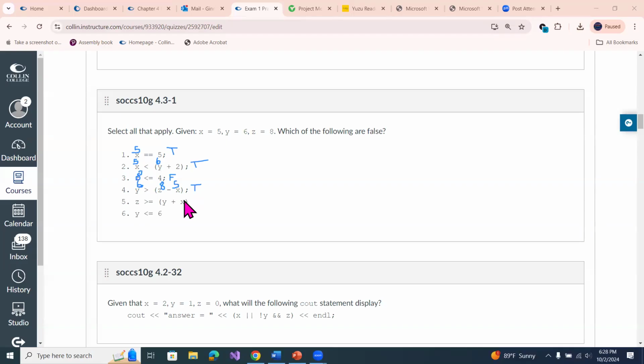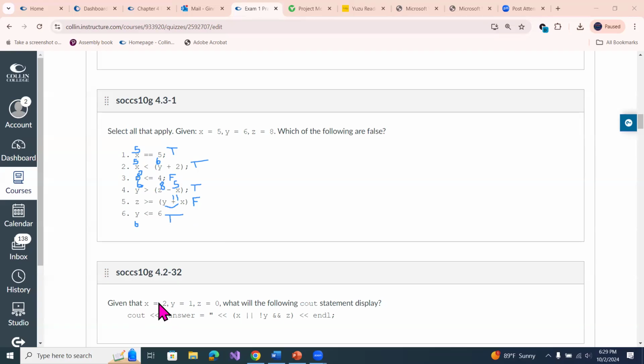X is 5. So this gives me 11. So 5 plus 6, or 6 plus 5. And then it says, is 8 greater than or equal to 11? That's false. And then this one, Y is 6. Is 6 less than or equal to 6? That's true.